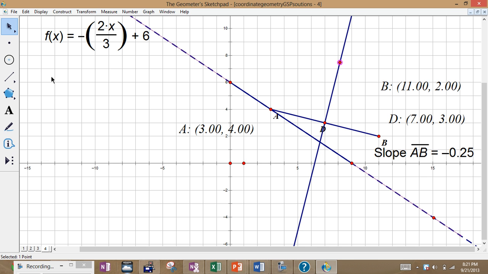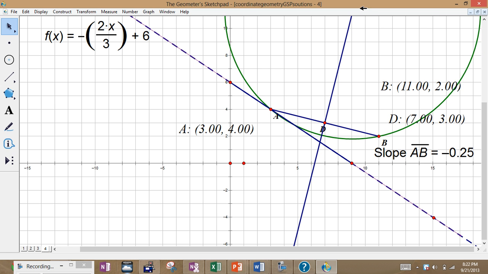Now, of course, I could attempt to draw the circle from here, and it does contain A and B, but that's not the circle because the condition was that A had to be a tangent. So any point on this perpendicular bisector will serve as the center of some circle containing the chord AB, but there's only one circle.